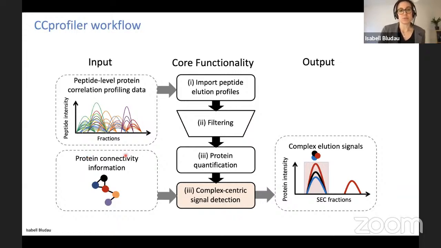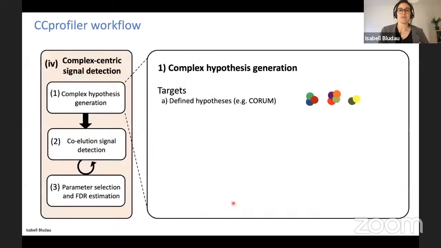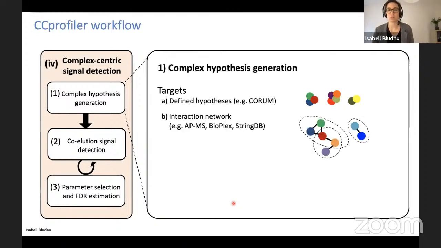Then we can take protein connectivity information and do the complex-centric signal detection. For this, we have 3 main steps. The first is the hypothesis generation. As I said, you can use protein complexes from complex databases, but you can also use interaction networks derived, for example, from AP-MS studies such as BioPlex or the STRING database, and use graph partitioning algorithms such as the ClusterONE algorithm or something similar to group proteins into actual complexes.